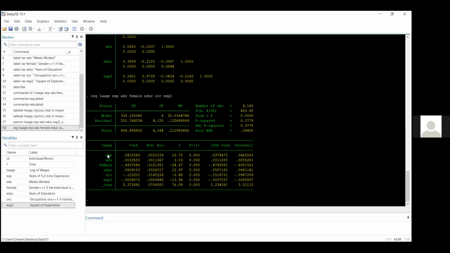So when you increase experience by 1 unit, the dependent variable has to increase by this percentage. If wage was not in logs, then the 0.04 would be dollars or shillings or whatever currency that person is paid in, for that particular case.